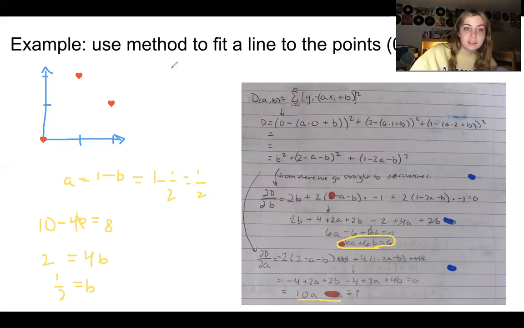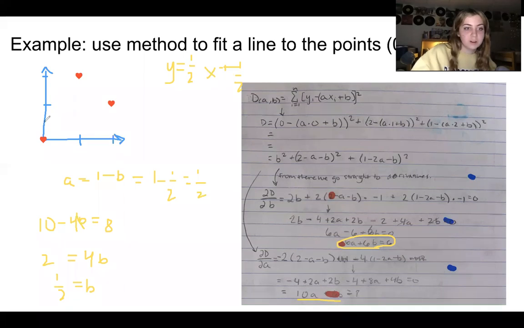So we plug that into the equation that we're solving for, and the final line of best fit using the method of least squares is y equals 1/2 x plus 1/2. And obviously my graph is not perfect, but we can try to draw that line here and see if that makes sense.